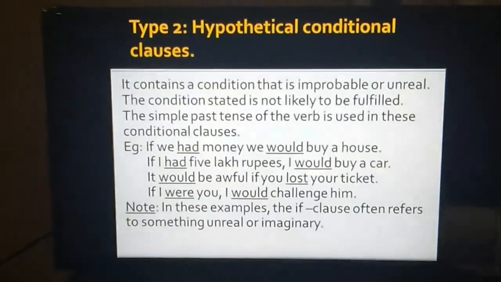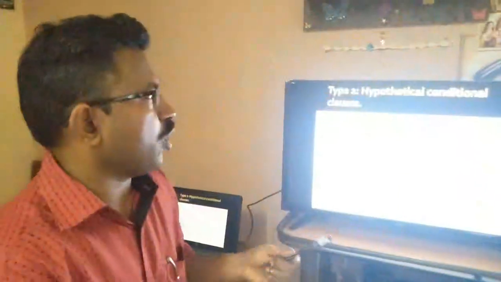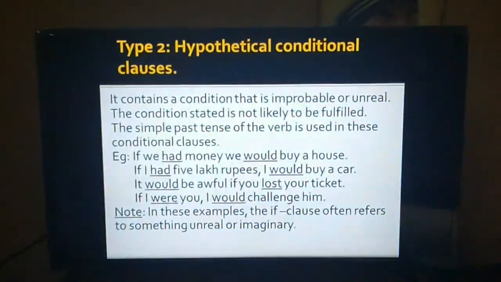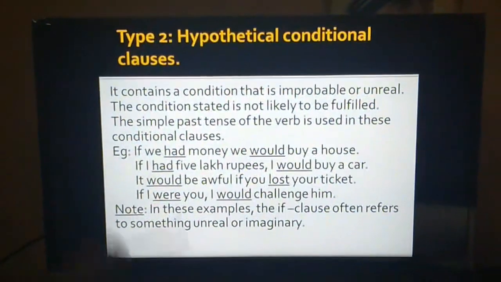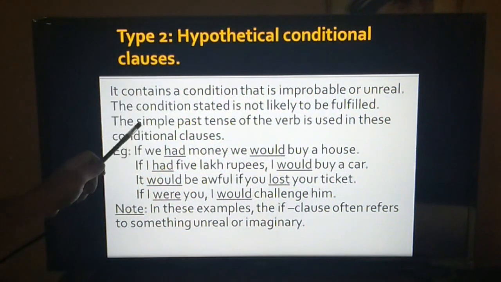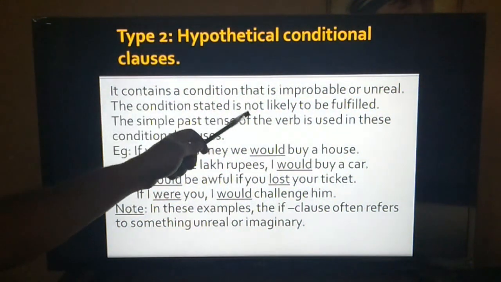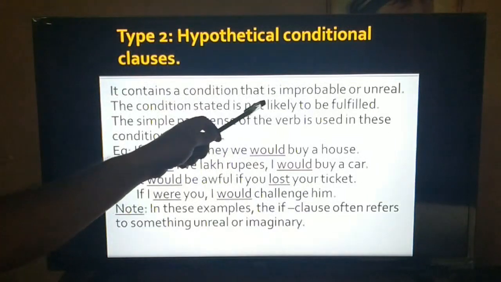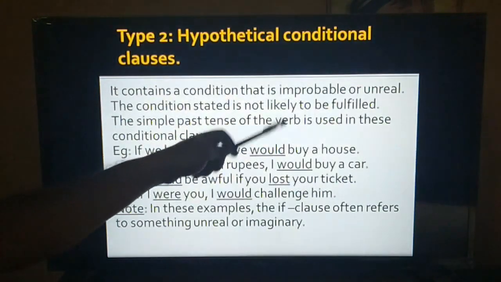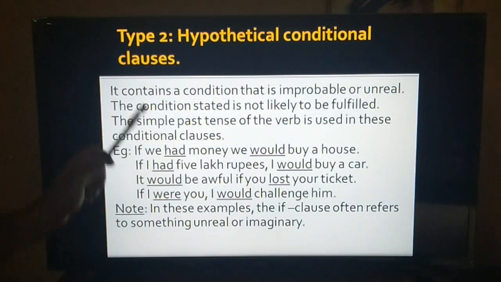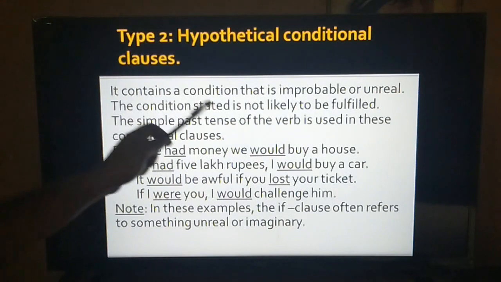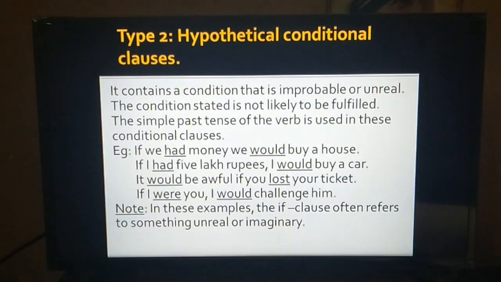That is a truth. And in the type 1 open conditional, there is probability, it may or may not take place. But type 2 hypothetical conditional contains a condition that is improbable or unreal. The condition stated is not likely to be fulfilled, meaning there is no possibility of such a thing taking place.